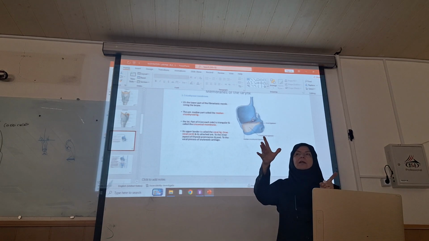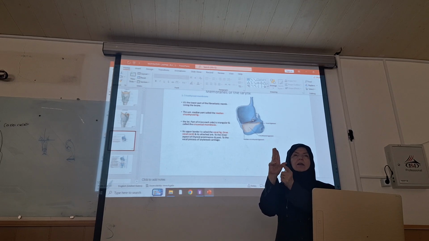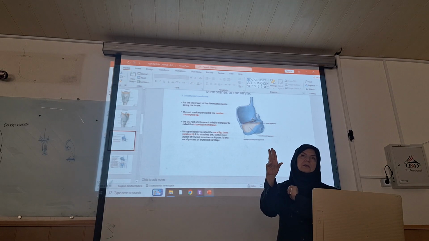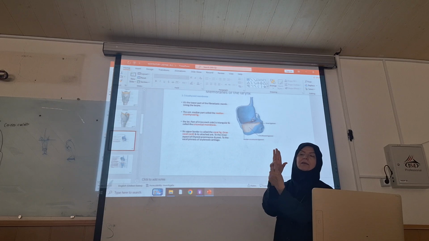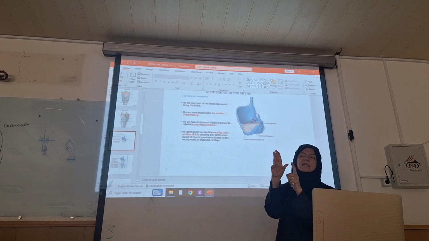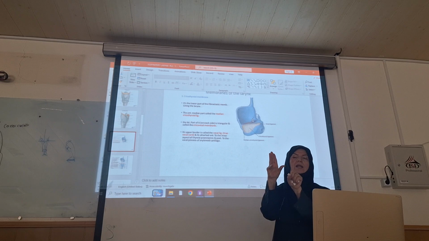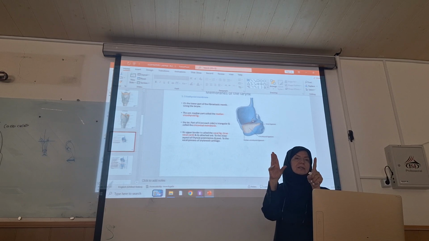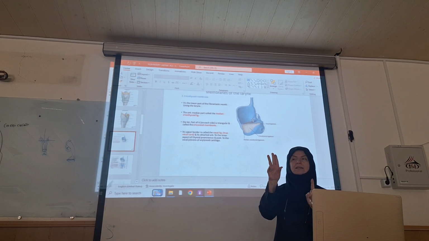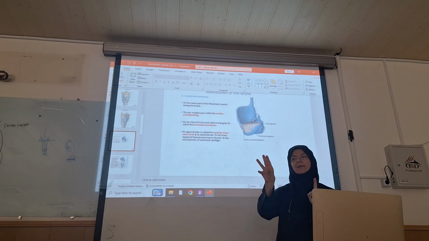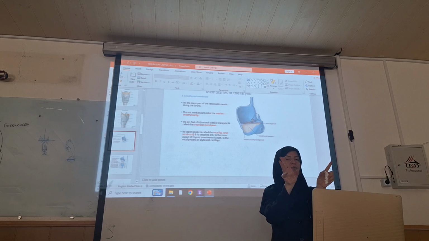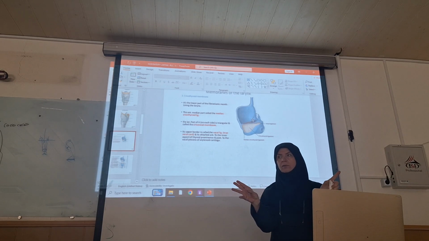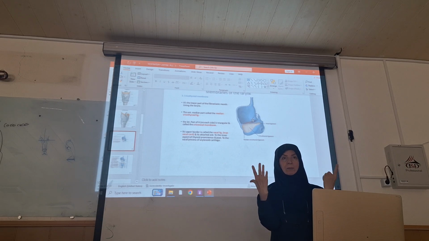If you imagine, this is the arytenoid, the vocal process and the muscular process. The muscular process, one of them is going to attach here. We know the vocal process is a process that the vocal ligament attaches to, on this side here. So when this arytenoid rotates laterally, it means the two vocal ligaments abduct, go far from each other. Okay? Can you imagine?